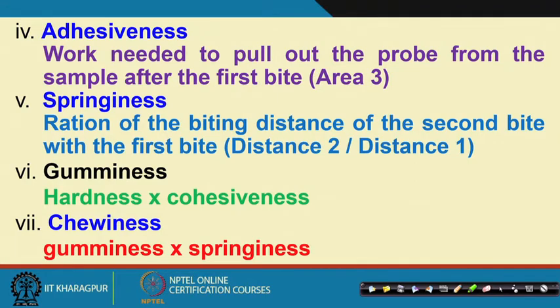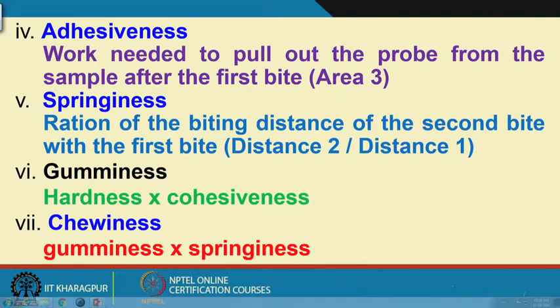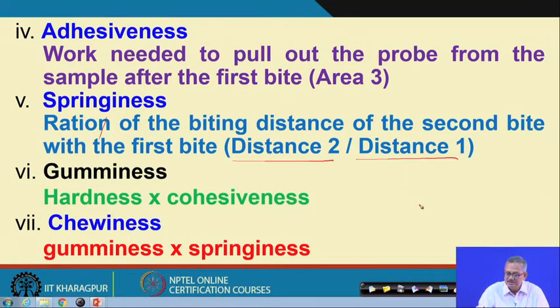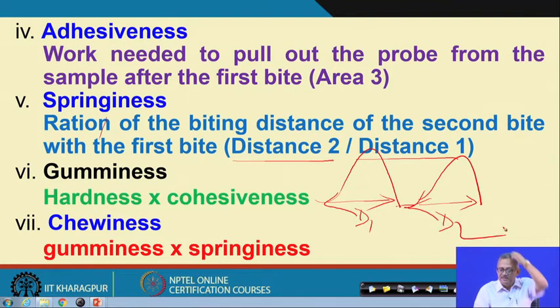Springiness is the ratio of the biting distance of the second bite to that of the first bite, so d2 by d1 is the springiness.